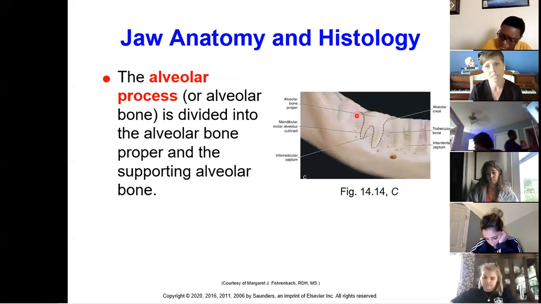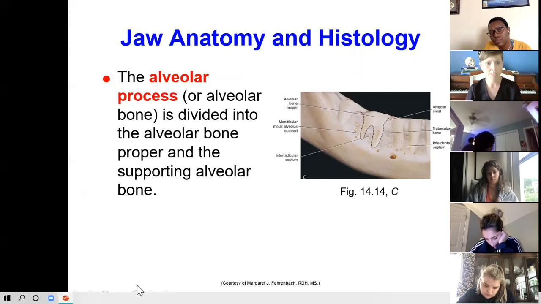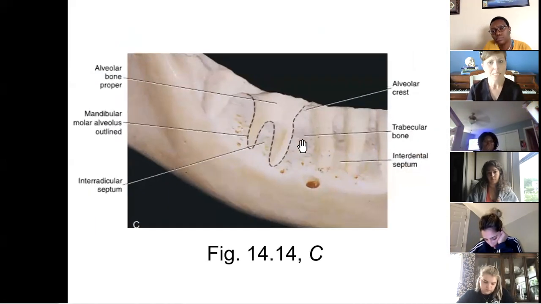All right, so you can see it's kind of like this ridge right here. You can almost see in this picture the different types of bone. Let me blow this up for you. Okay, good. You can see that this bone is very solid, and this one is more trabeculated. So it's a trabecular bone, whereas this is that thicker bone.